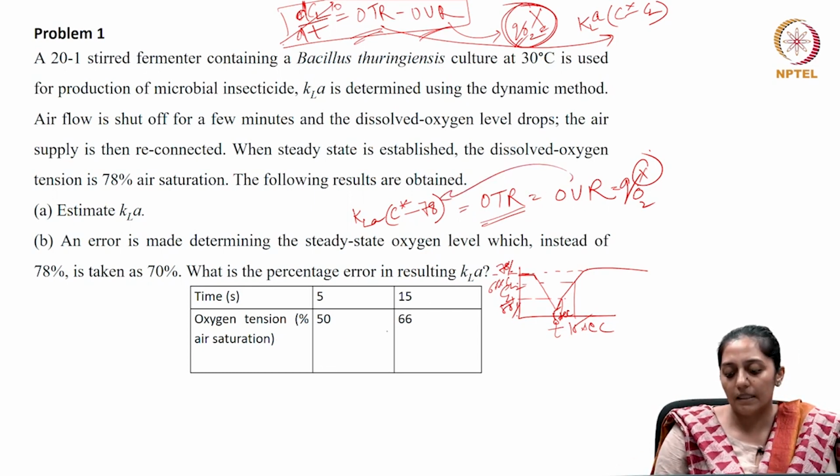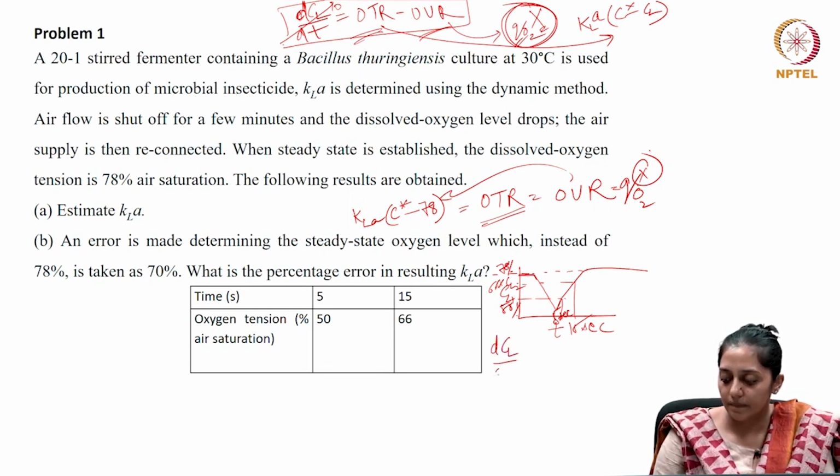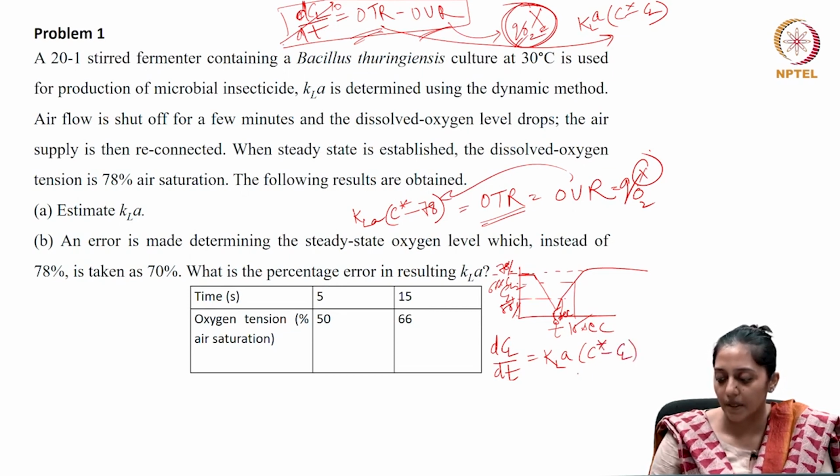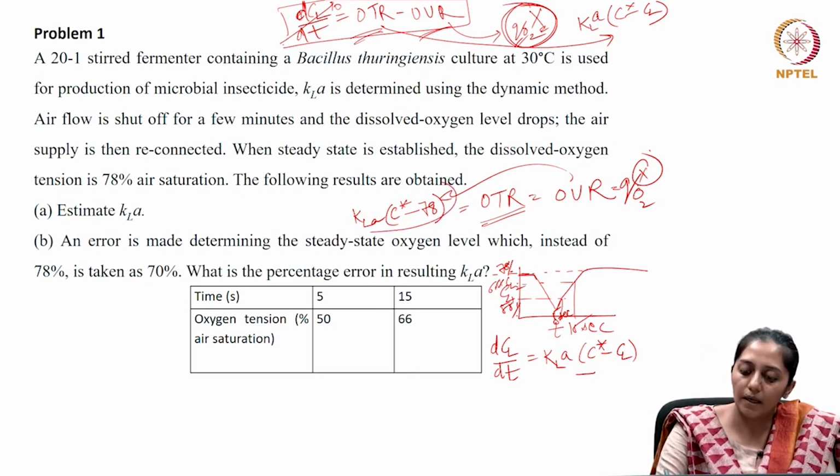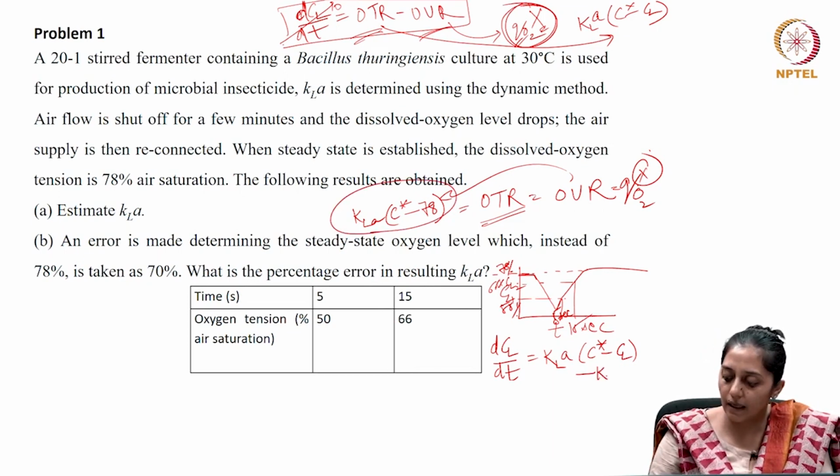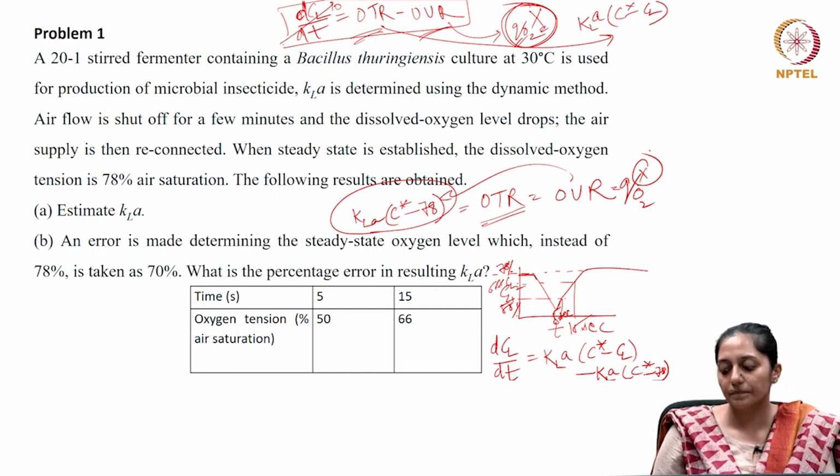Now, at any time point, the dCl by dt can therefore be written as KLa multiplied by C star minus Cl, the bulk oxygen concentration at that time, minus QO2 x, which is OUR. Now, OUR can be substituted by KLa multiplied by C star minus 78, isn't it?